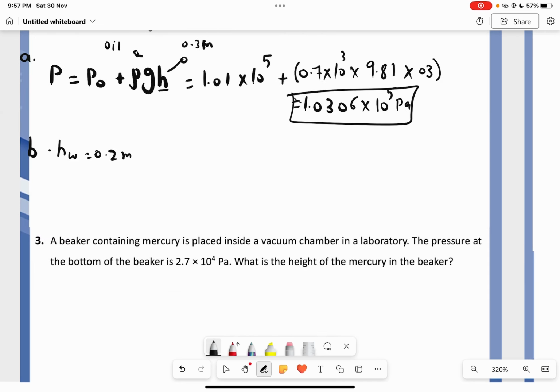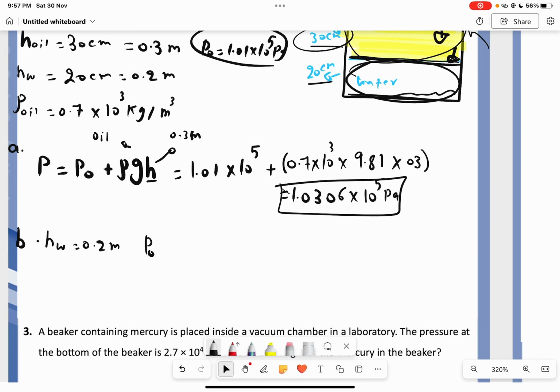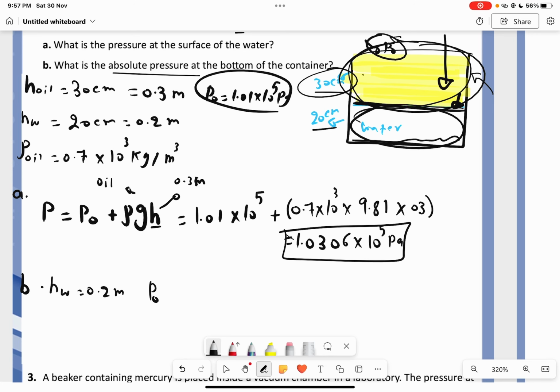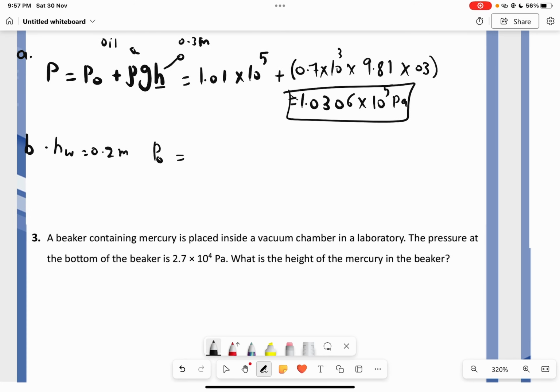Then you have the absolute pressure, let's just call it P naught, which is this pressure. Careful, it's this pressure on top of the surface of the water. We found it, and it's equal to 1.0306 times 10 to the power of 5 Pascal.